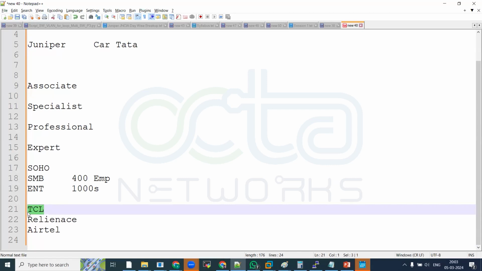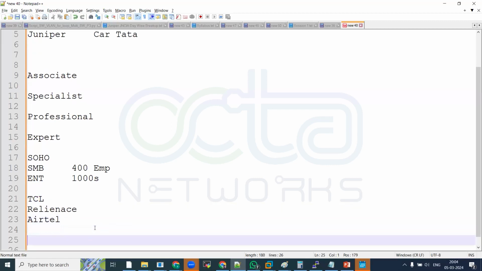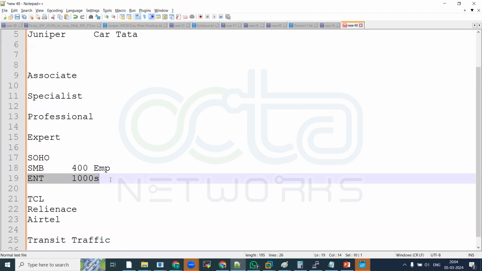These types of companies have traffic called transit traffic. They don't generate their own traffic. They forward the traffic coming from small offices and enterprise businesses.